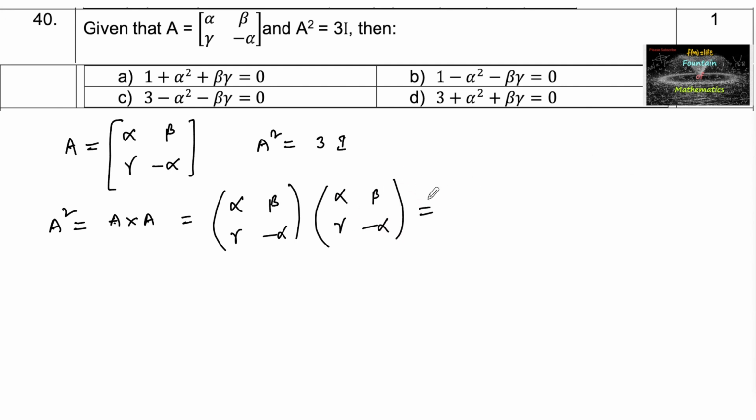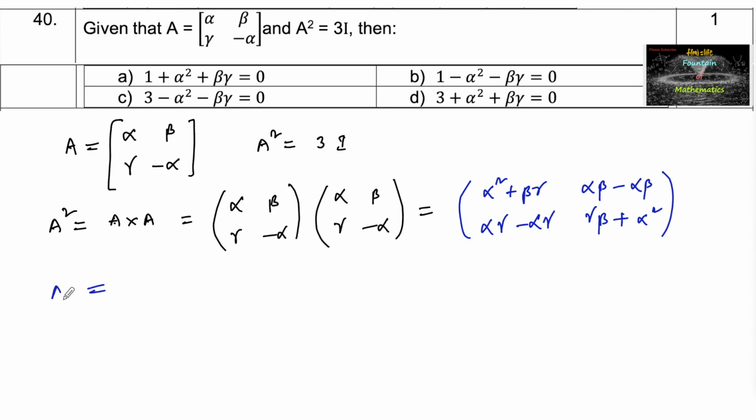So multiplication of two matrices: row with column. First row with first column, alpha square plus beta gamma; first row second column, alpha beta minus alpha beta; second row first column, alpha gamma minus alpha gamma; second row second column, alpha gamma beta plus alpha square.